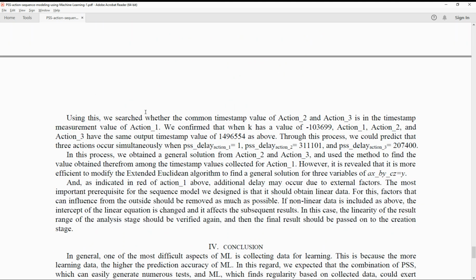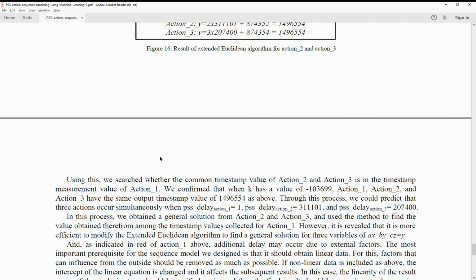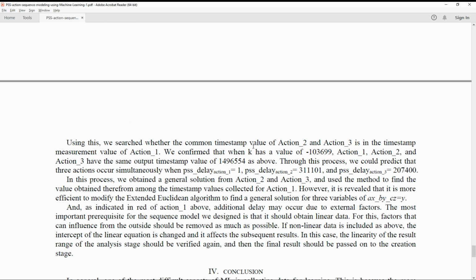Using this, we searched whether the common timestamp value of Action 2 and Action 3 is in the timestamp measurement values of Action 1. We confirmed that when k has a value of minus 103,699, Action 1 and Action 2 and Action 3 have the same output timestamp value of 1,496,554 as above.